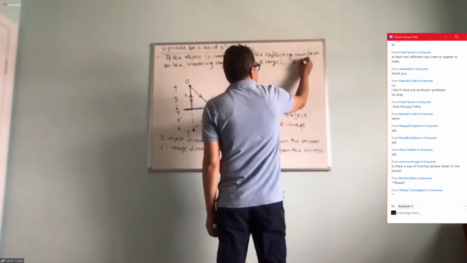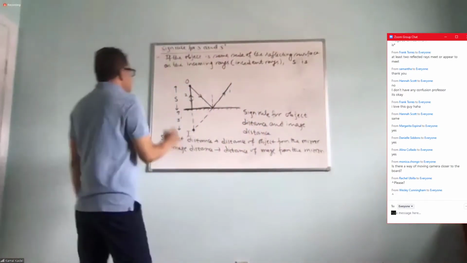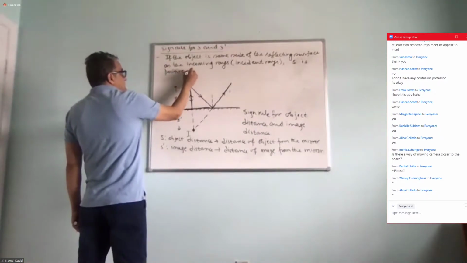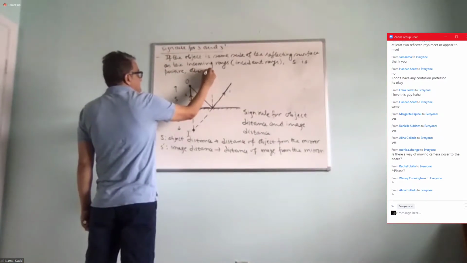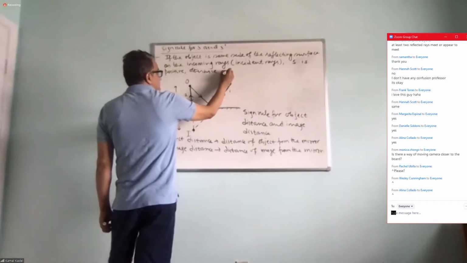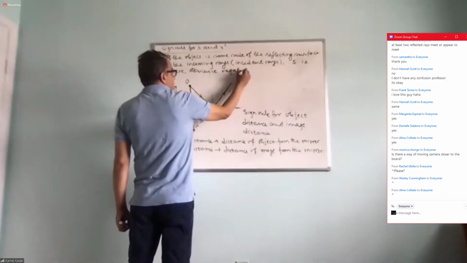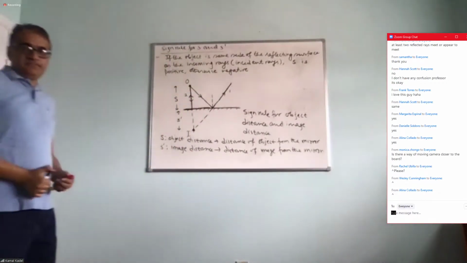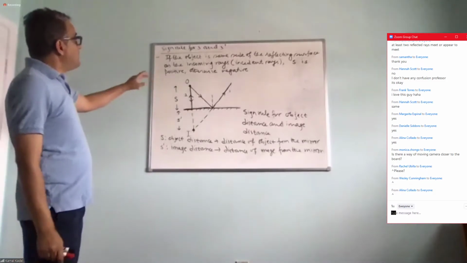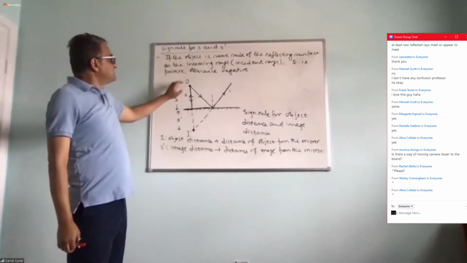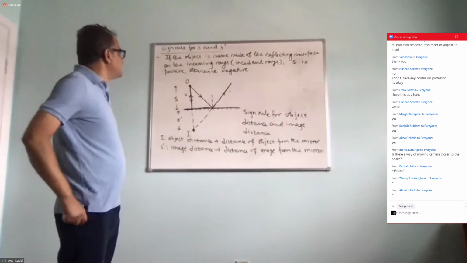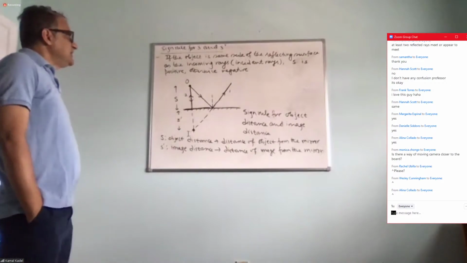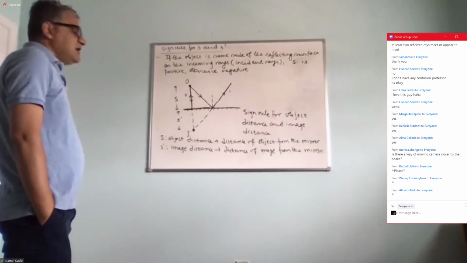So S is positive. Otherwise, negative, right? What this means is that if the object is on the same side of the reflecting surface as the incoming rays, incident rays, S is positive, otherwise negative.